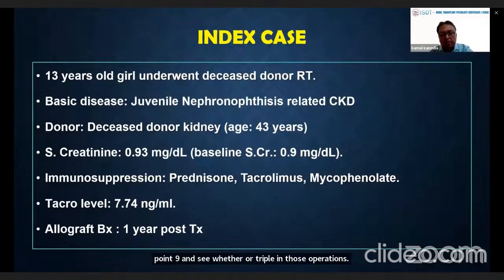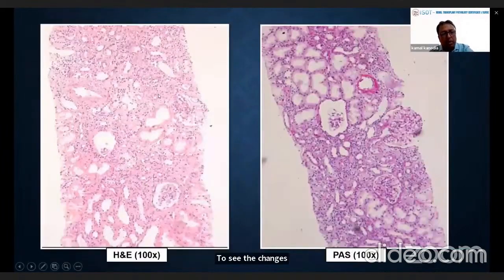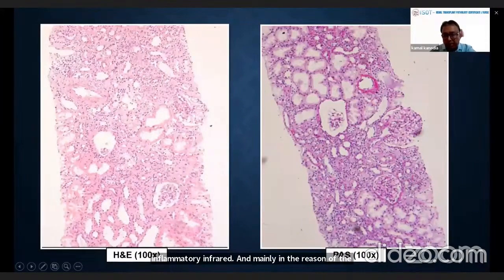A protocol biopsy was done 1 year post-transplantation to see the changes in the kidney. When we saw the biopsy, you can see the inflammatory infiltration throughout, mainly in the region of the interstitial fibrosis. So this IFTA is there.